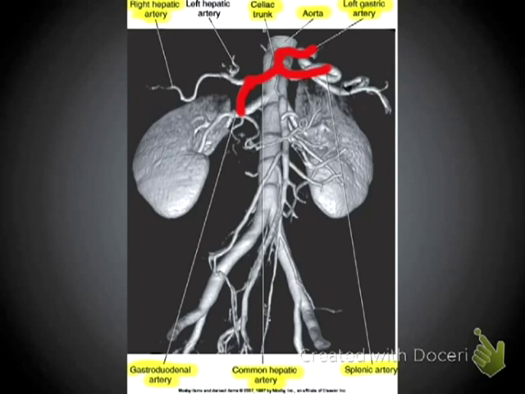Also we have the SMA here, which, as we're seeing, supplies a lot of blood to the large and small intestines. We also do see that we have the bifurcation here, transforming the aorta into left and right iliac arteries, and then we have another bifurcation here, transforming them into internal and external iliac arteries.